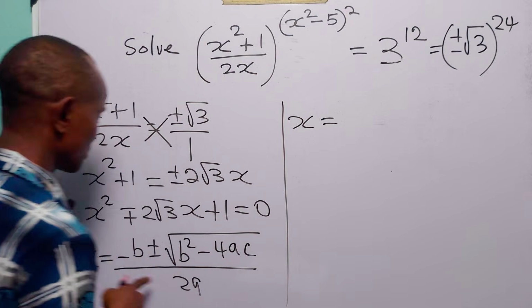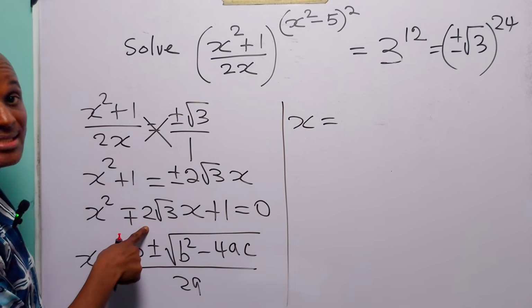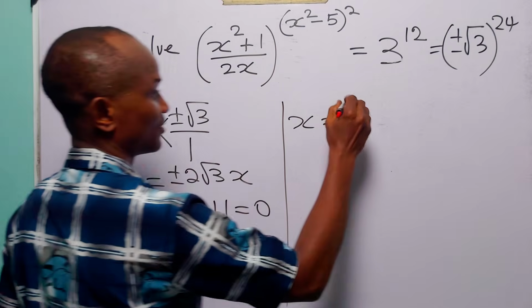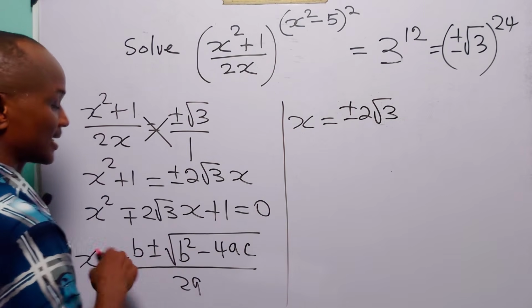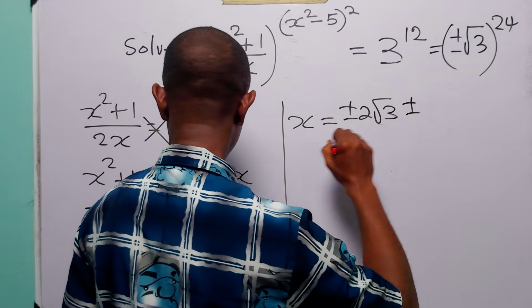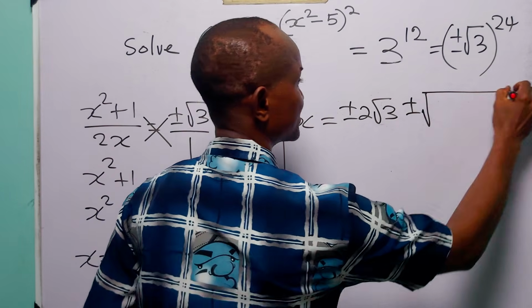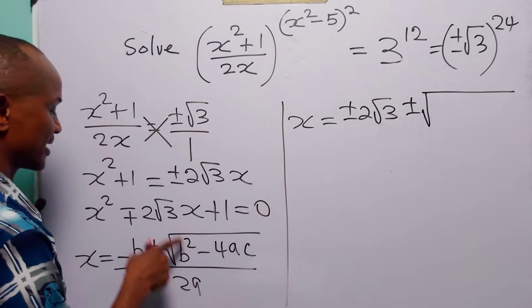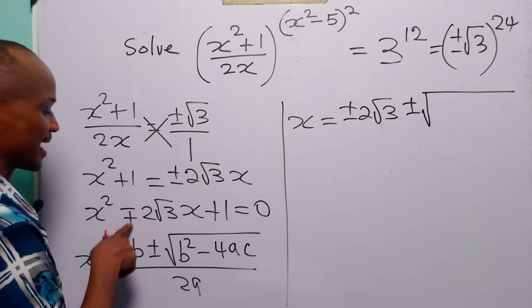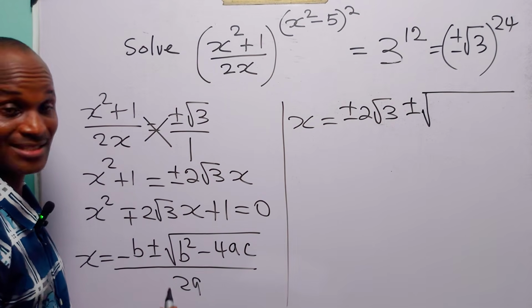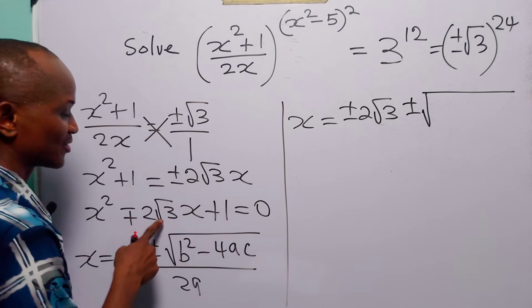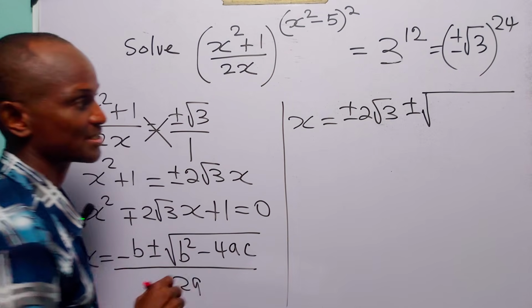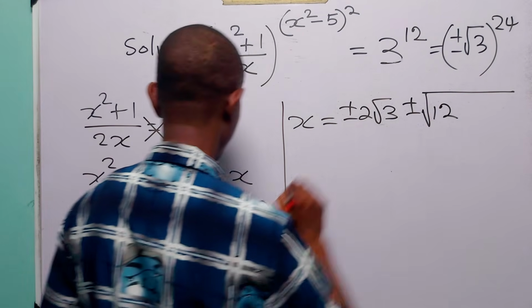x is equal to minus this. The sign is going to reverse. We have plus or minus 2 root 3. Then we have plus or minus the square root of b squared, which will be plus or minus 2 root 3 squared. 2 squared is 4. Root 3 squared is 3. 4 times 3 is 12.